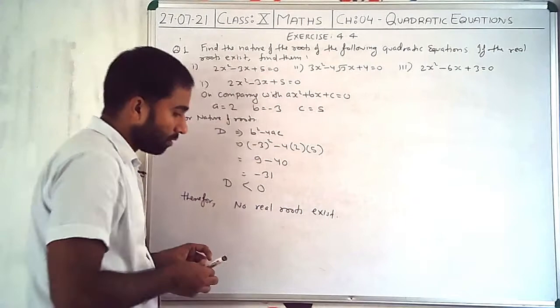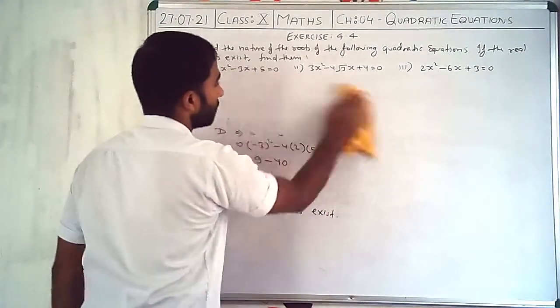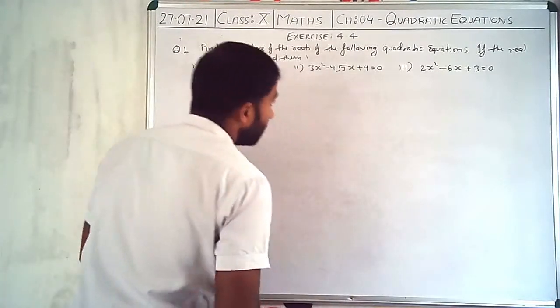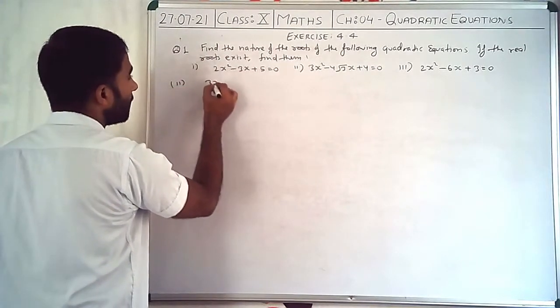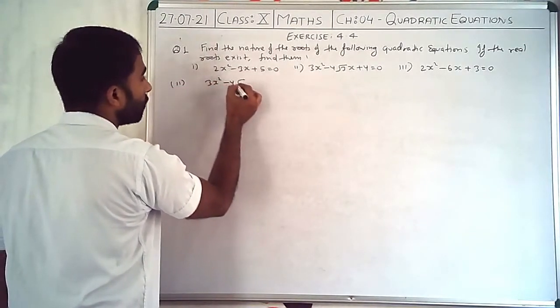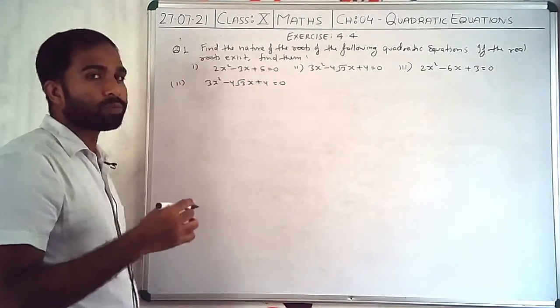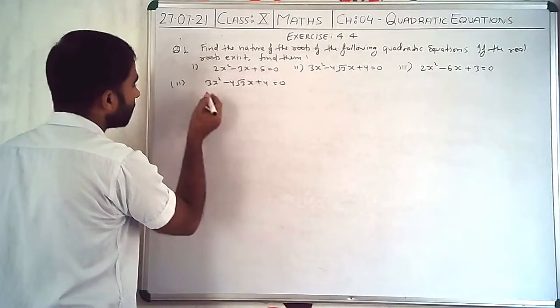Now come to the second part. The second part of this question is 3x square minus 4 root 3 x plus 4 is equal to 0. The same process we will repeat here.